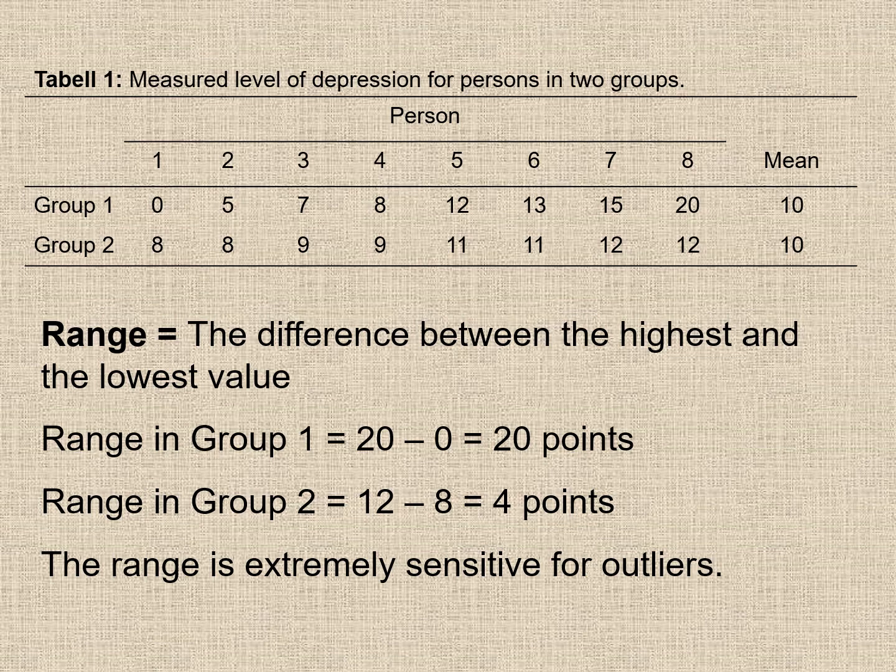So the range in group 2 on this variable is 4 points. And of course, as the range is based on the most extreme values, the highest and lowest value, it's extremely sensitive for outliers. So if the highest value in group 1 would have been 200 instead, then the range would be 200. So it's very sensitive for outliers.